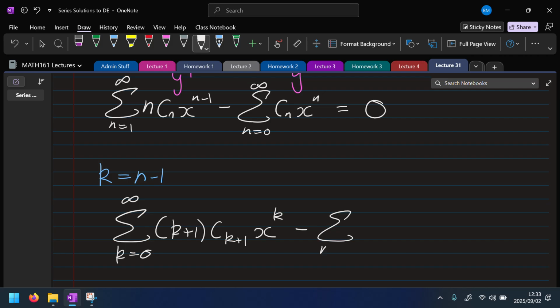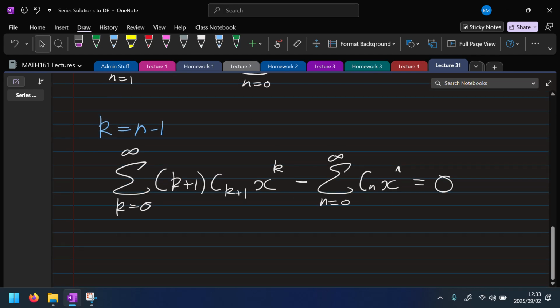Minus the sum, n goes from 0 to infinity, cn x to the n. Now these are the same. So term by term, they're the same. We're going to have a constant on the one side, constant over there. We're going to have x to the 1 and x to the 1, x squared and x squared. We can add them together. Now, if the k is bothering you, you can just write it as an n.